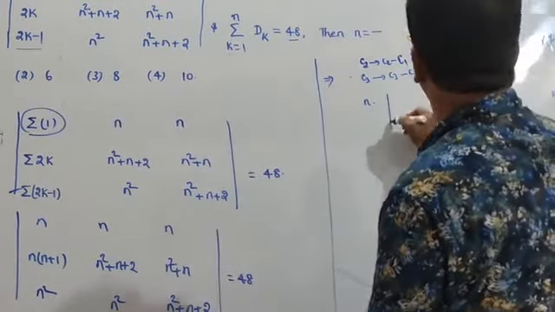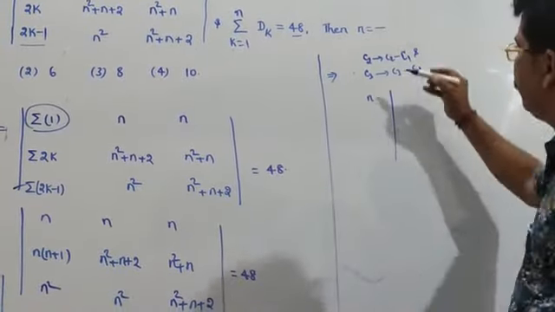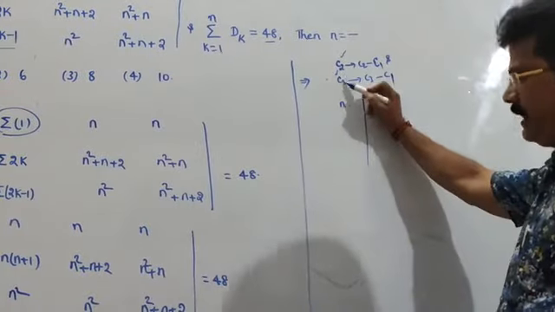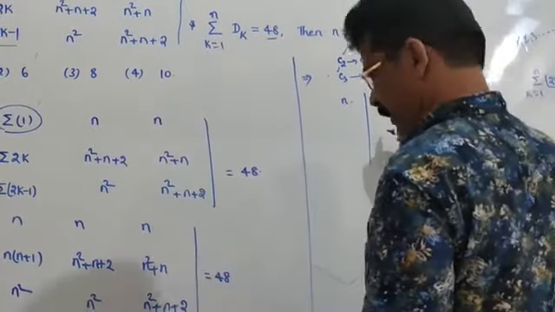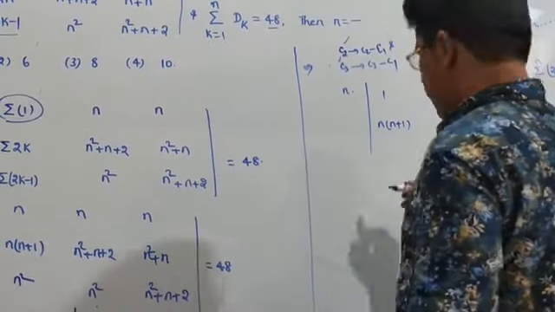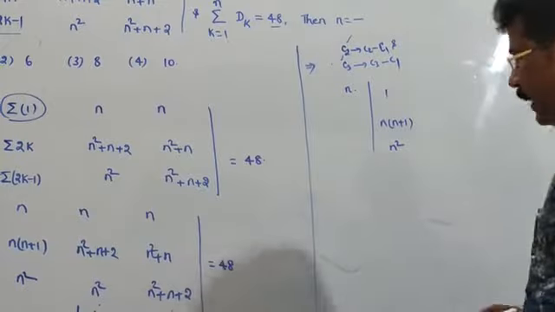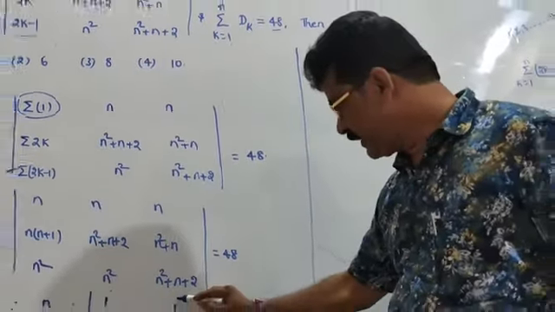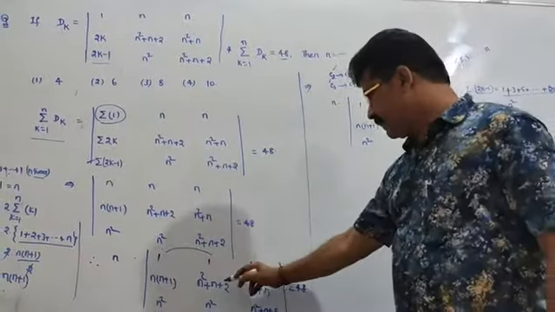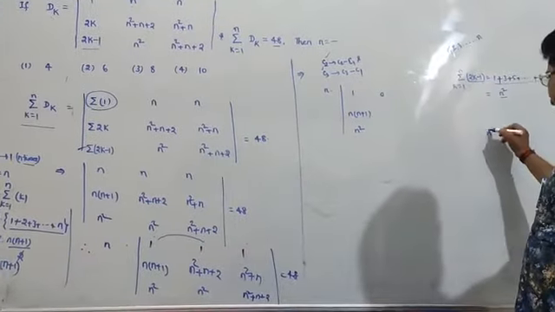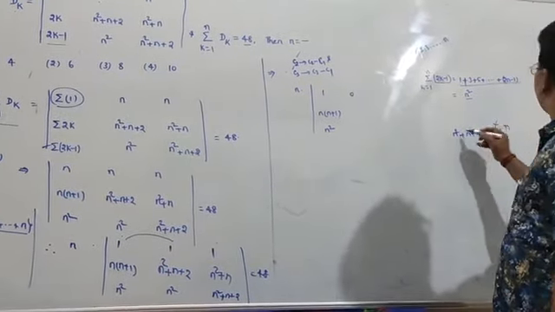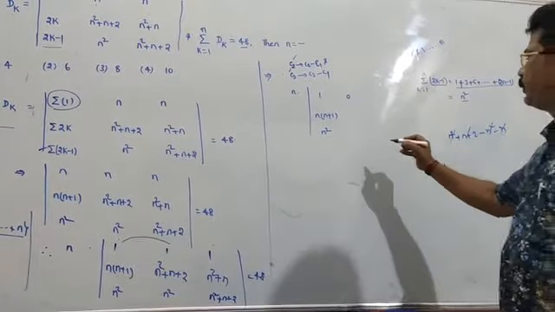So n into the determinant: here C2 and C3 are variables, C1 is fixed. That's why we don't change the elements of the first column C1, that is n square. C2 minus C1: 1 minus 1, 0. Next, rough work: n square plus n plus 2 minus n square minus n. The n square cancels, it remains only 2.